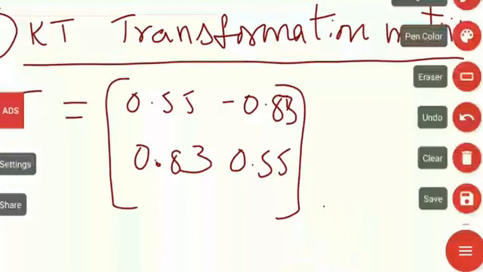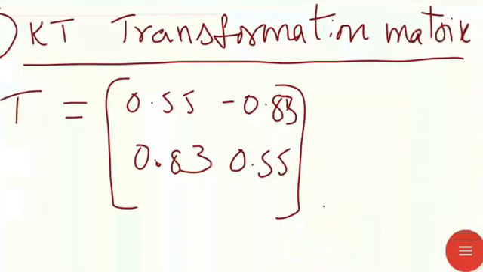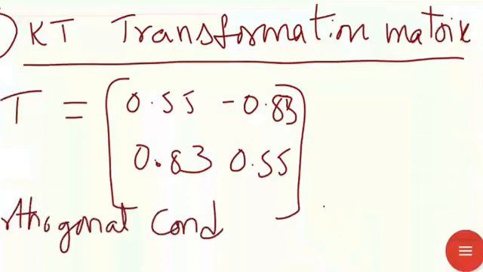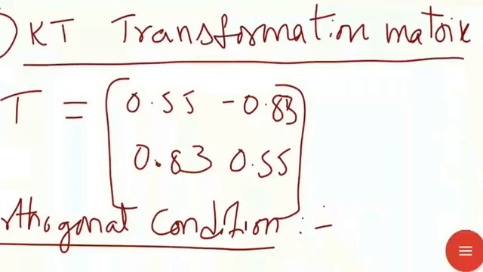Now check the orthogonality: the orthogonal condition means T transpose T should be equal to I.